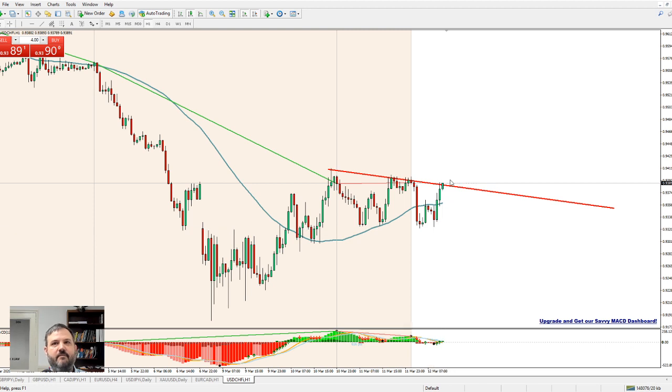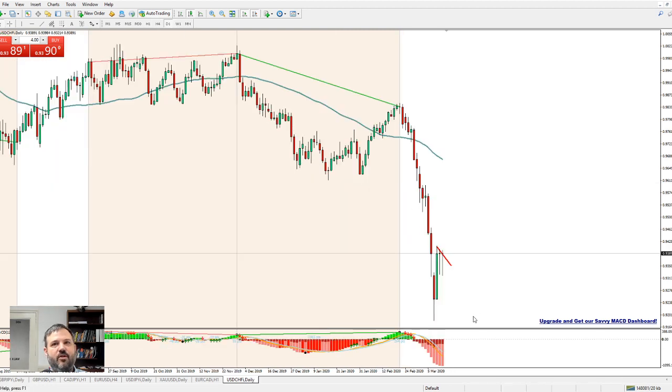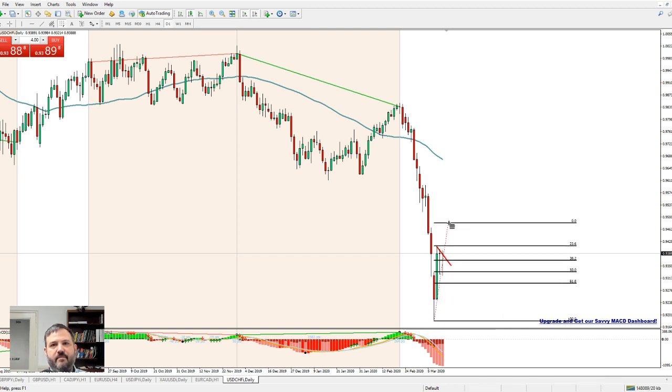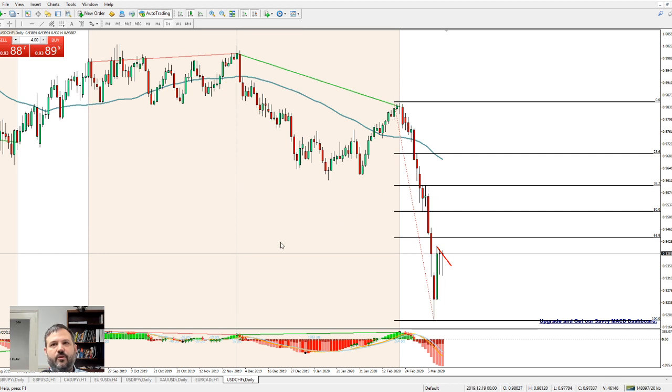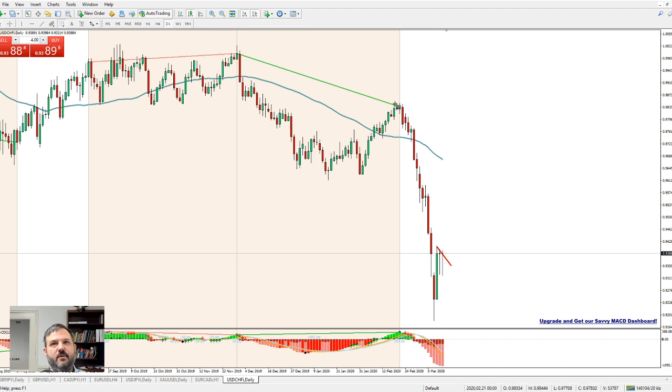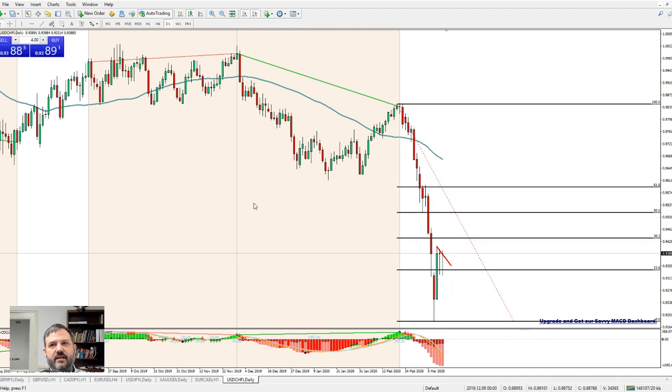70 pip stop. Where would I have to go with a take profit? That's always a concern. For me, it's got to be a minimum of 3 to 1 for me to take the trade.